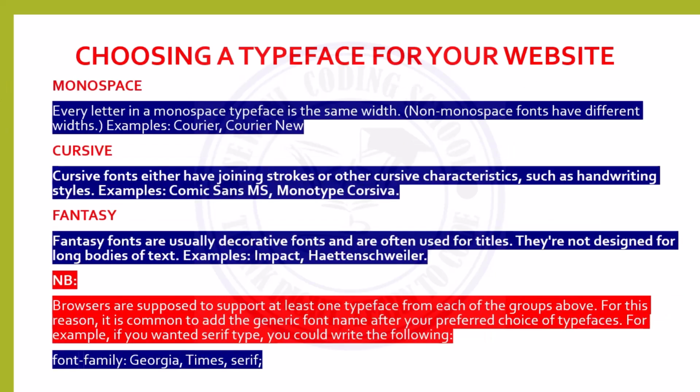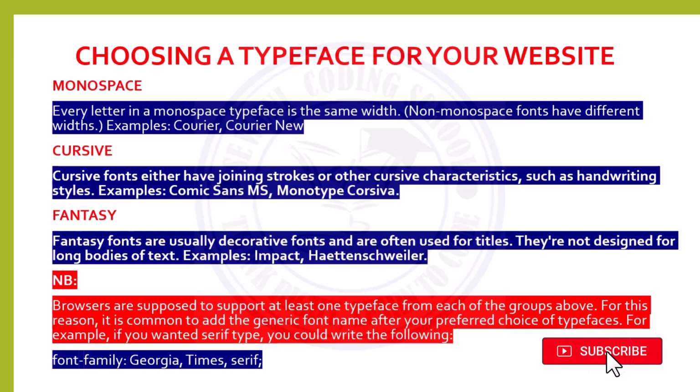Examples of monospace also include Courier, which is also used in creating websites. So you can give an example of Courier, an example of sans serif, and an example of serif, so that even when a person does not have one, he can fall on the others.